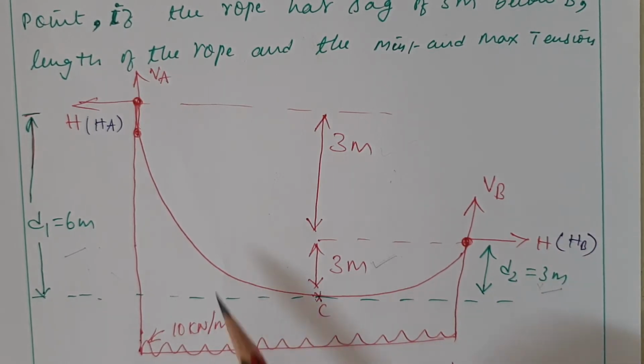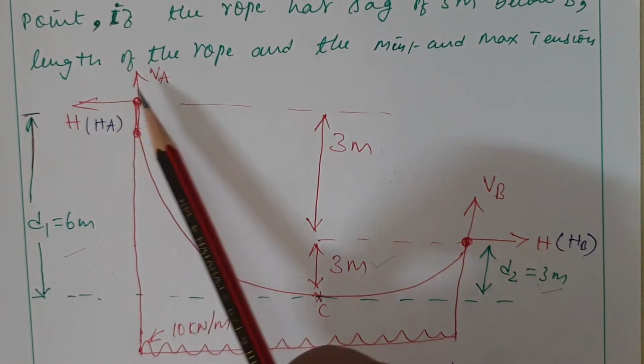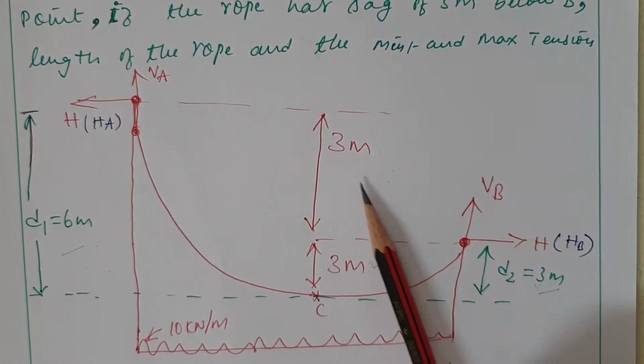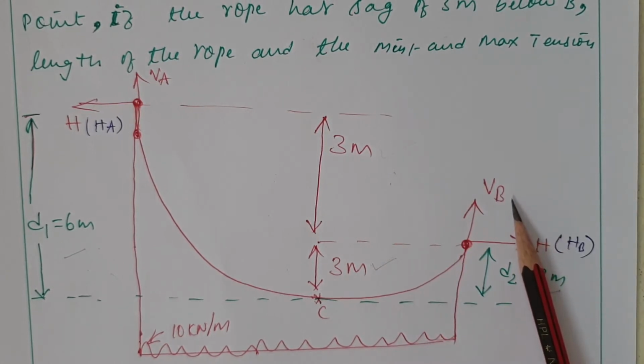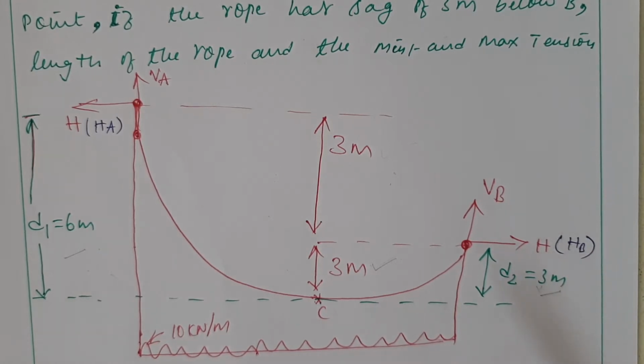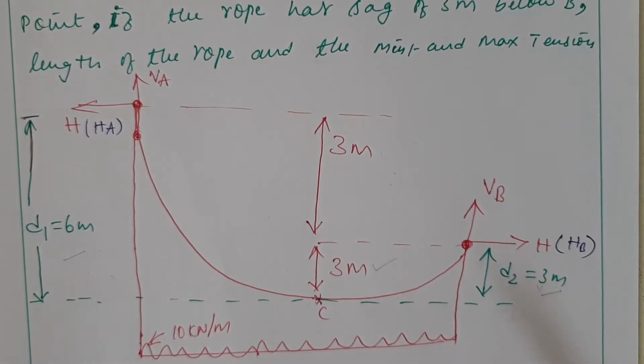Another condition, moment at A equal to 0, so these two will become 0. We have H with perpendicular distance 3, and VB with horizontal distance 30, and the UDL 10 into 30 times 30 divided by 2. That is the condition.